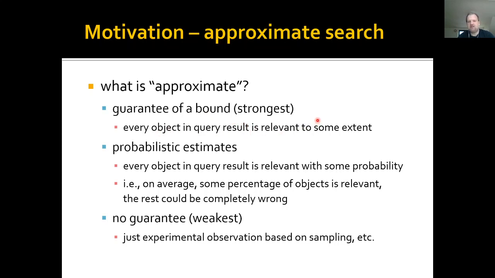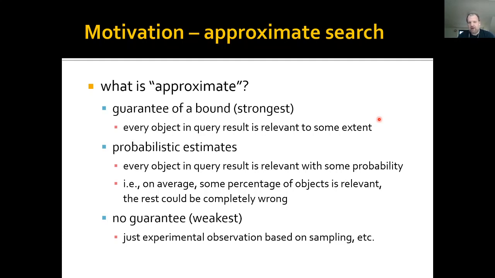This is really the strict interpretation of approximate search, where we demand that a method that is approximate returns objects that are all not completely bad. All of the objects in the result are somehow relevant, somehow not so imprecise. So this is the individual bound. Of course, this is very strict.